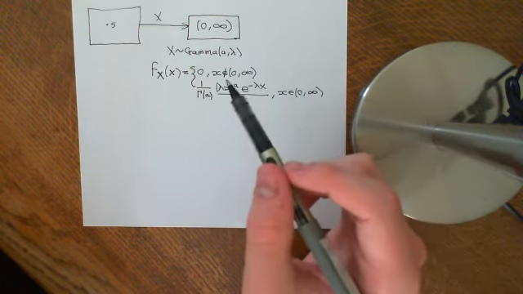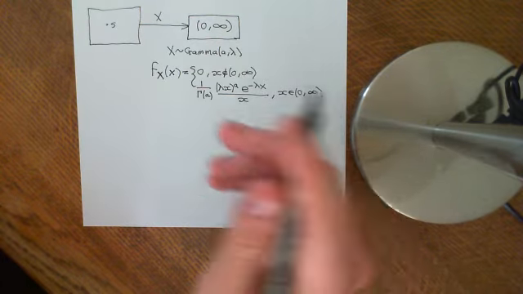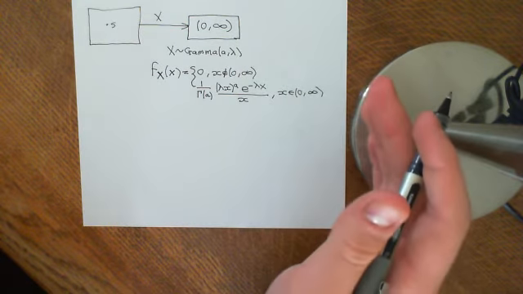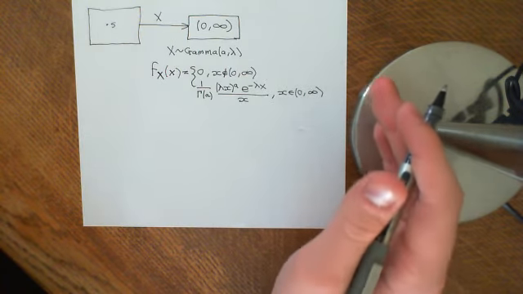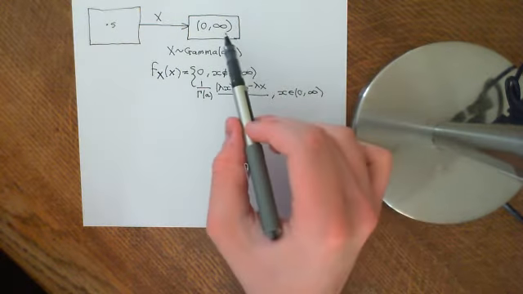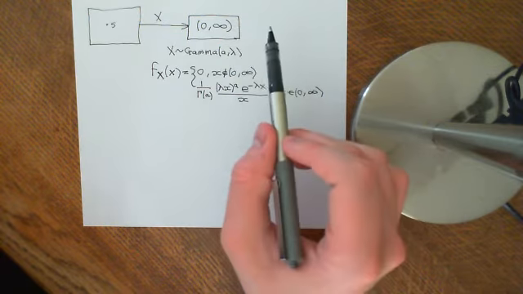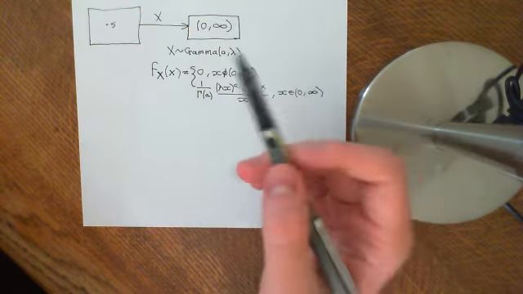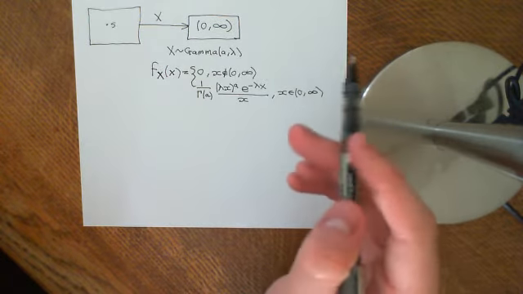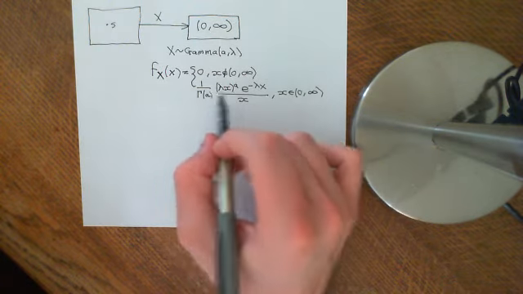It's a theorem that I have never in this playlist proven to you, but the moment generating function does uniquely specify a probability distribution, and if you are given a moment generating function, there is only one probability density function that corresponds to that.